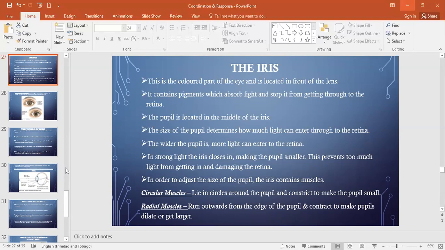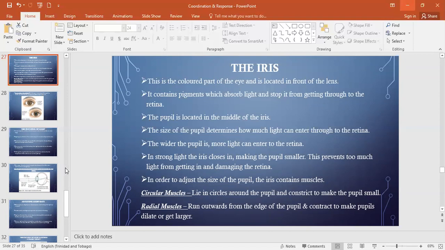Typically, when you're looking at stronger or brighter lights, your iris closes in, which makes the pupil smaller to prevent too much light from getting in. Because if you have too much light entering your eyes, it will damage your retina. And this is also why you need a choroid, that black layer behind your retina, to absorb any excess light that would have entered.